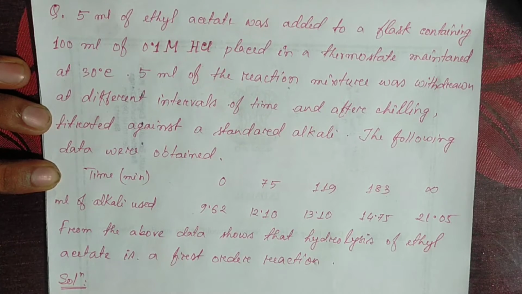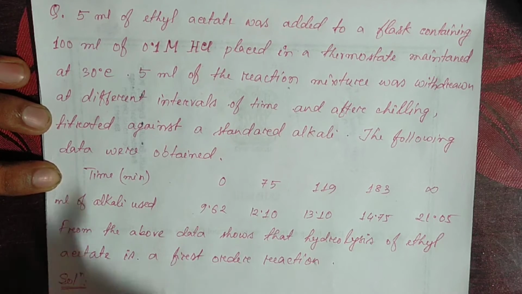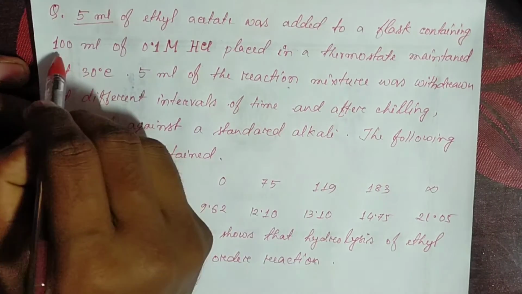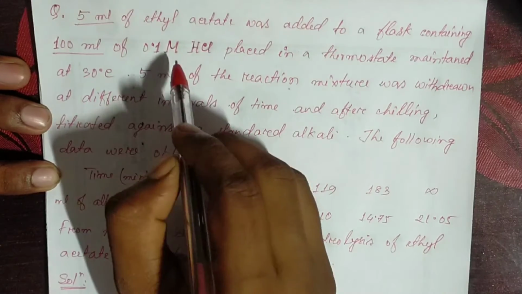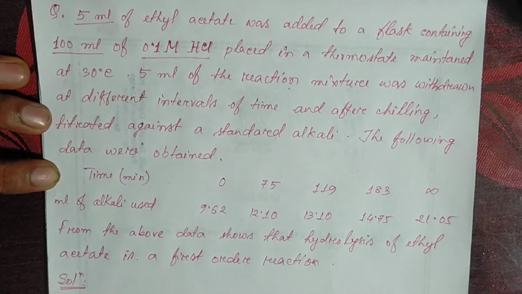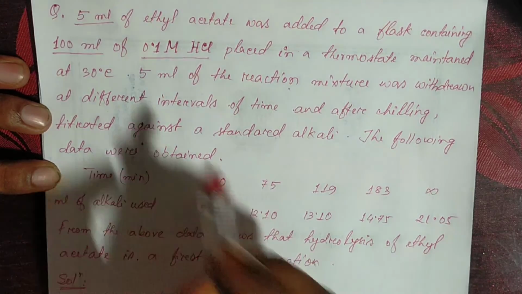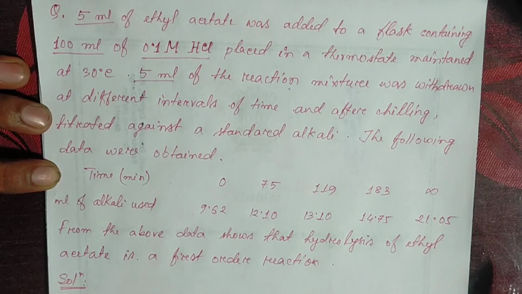So in this question, 5 ml of ethyl acetate was added to a flask containing 100 ml of 0.1 molar HCl placed in a thermostat maintained at 30 degrees Celsius. 5 ml of the reaction mixture was withdrawn at different intervals of time, and after chilling titrated against a standard alkali.